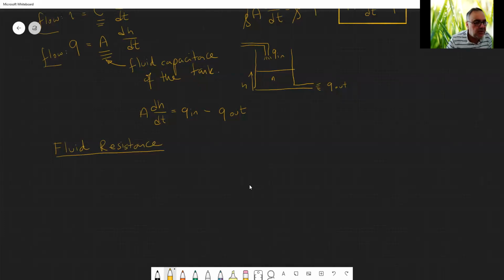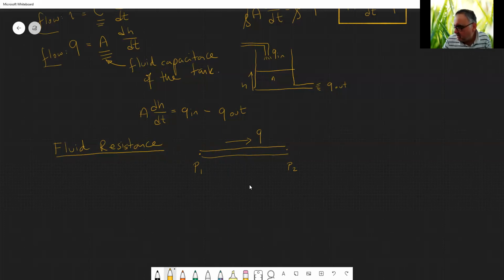Now let's talk about the fluid resistance. Let's say that you have a pipe, like this one. Most of you have taken fluid mechanics, I guess. Let's say that this pressure is P1 here at one end. P2 is the pressure at the other end, and there is flow, Q, okay?